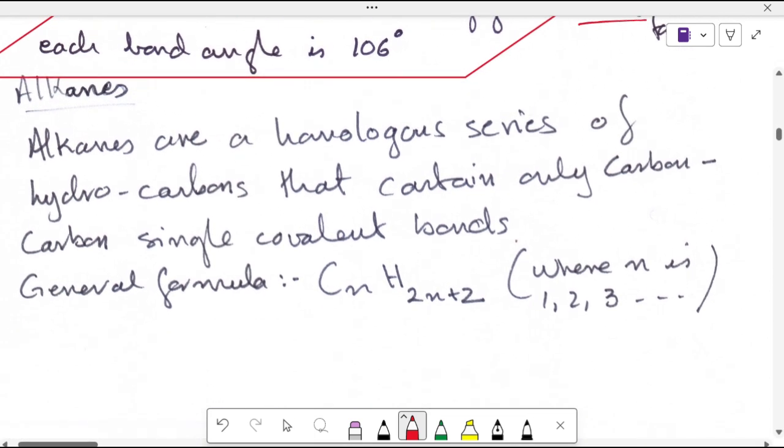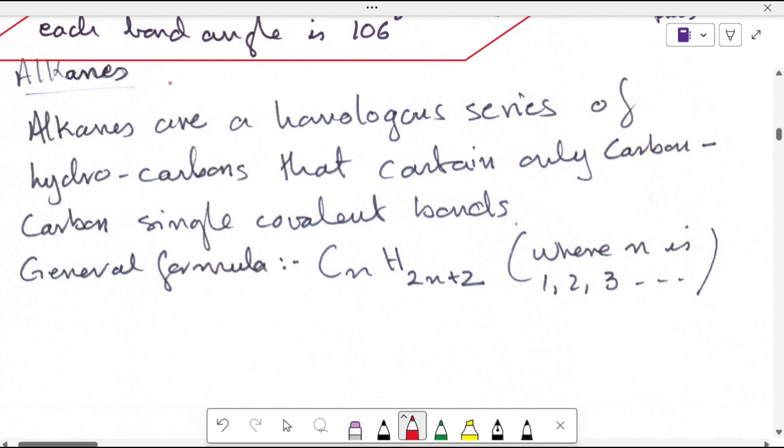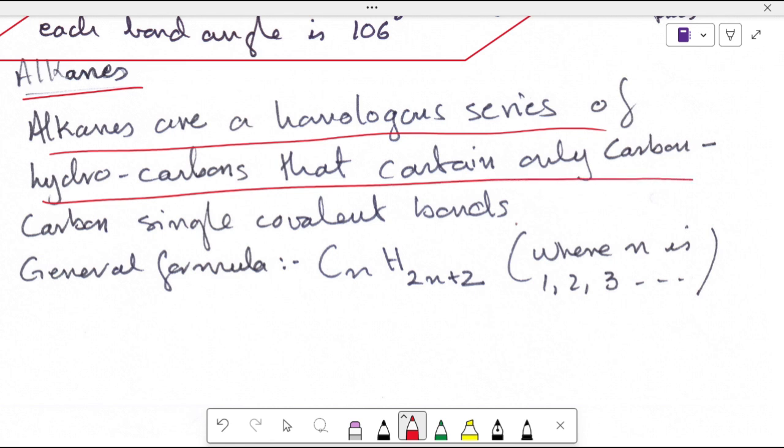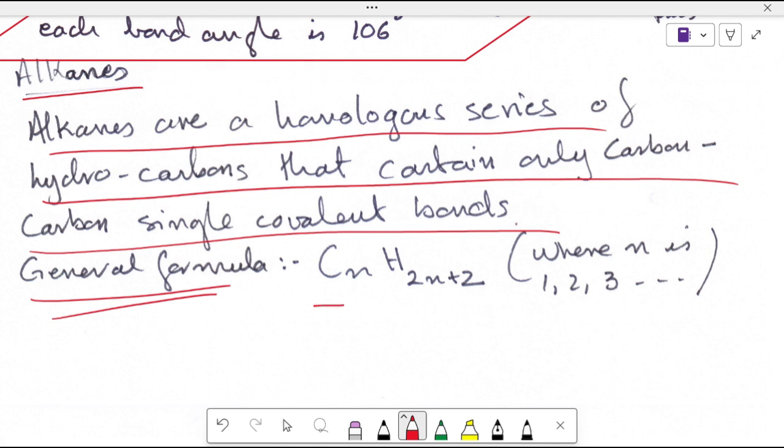Now, what do we understand by alkanes? Alkanes are a homologous series of hydrocarbons that contain only carbon-carbon single covalent bonds. Its general formula is CnH2n+2, where n is the number of carbon atoms.